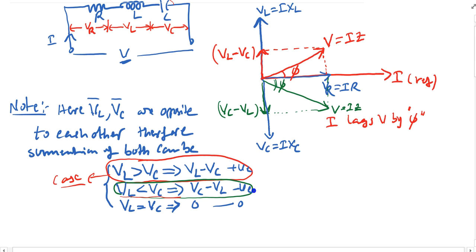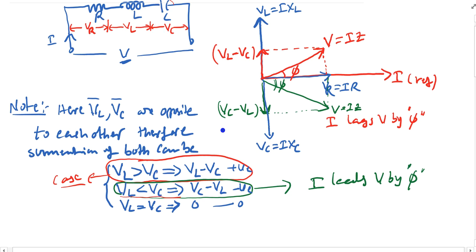Now in this case, if you see the relation between your supply voltage and current, here my current leads voltage by some angle phi. It means my current is leading, which means at this moment my total network is capacitive dominance.